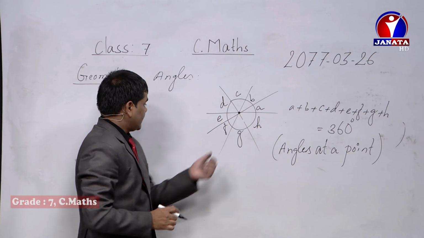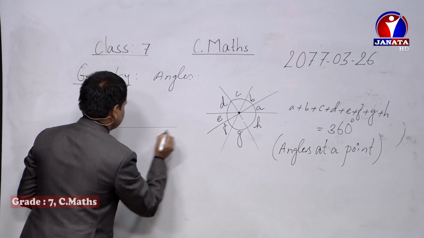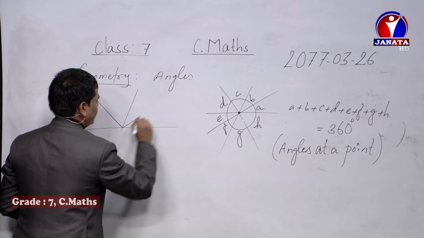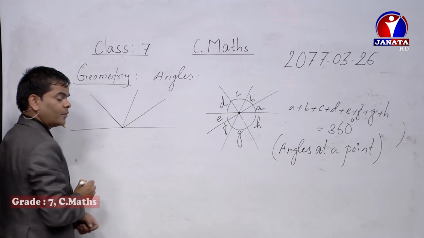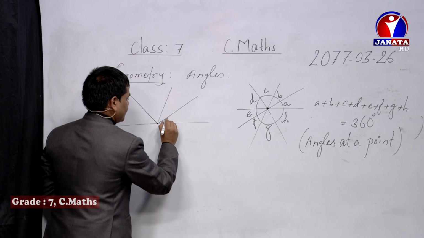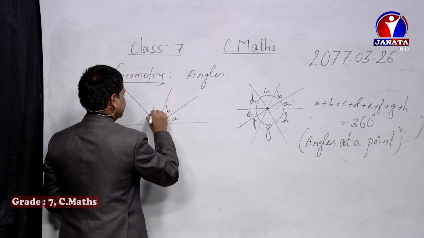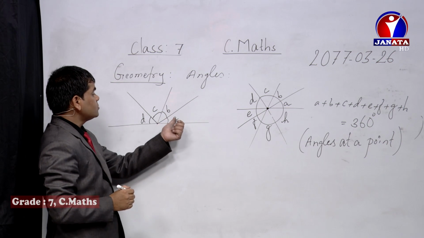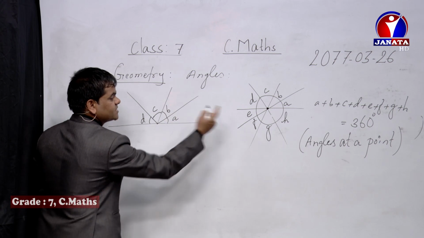Now another concept, dear students, you need to learn, that is, in a straight line, if a point is taken, in this way the angles are formed by taking some straight lines joining the same point. For example, if it is A, if it is B, and similarly C and D, in this way, then this altogether, of course, is the half part of the complete turn, isn't it?